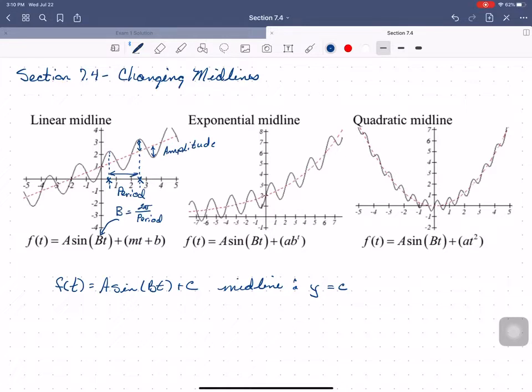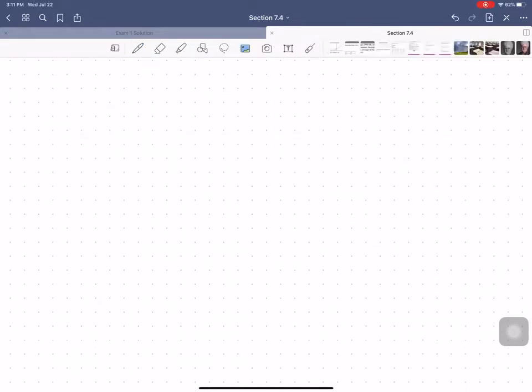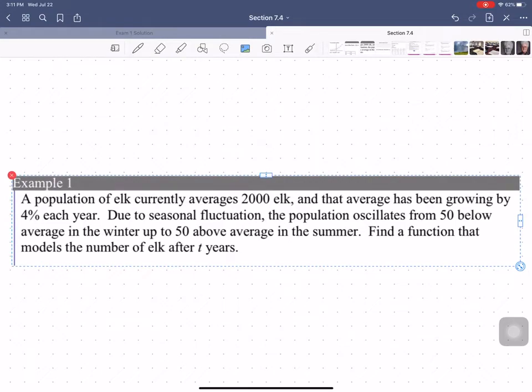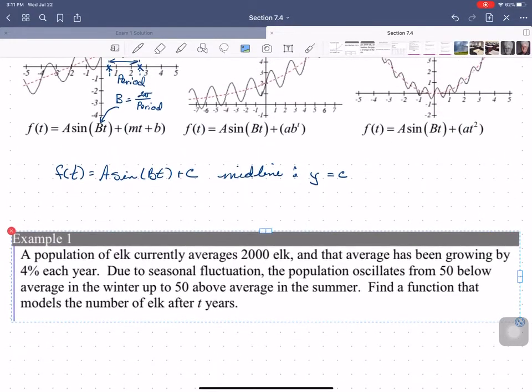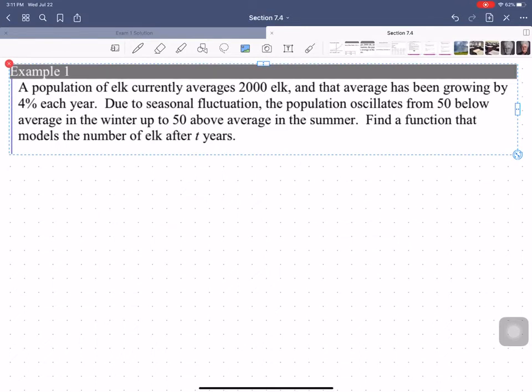Okay, so let's jump right in and start building these functions. So usually we're going to do these in the form of word problems. So that's what we're going to start with. All right, so suppose I've got a population of elk that is currently averaging 2,000 this year.